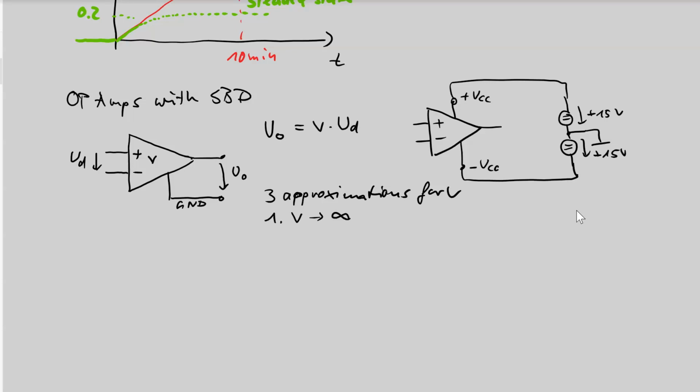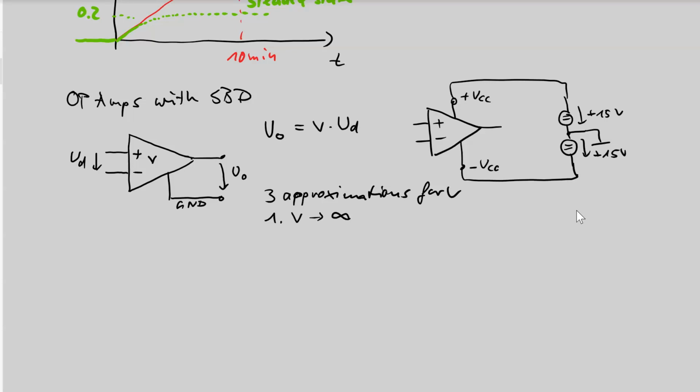The differential gain is normally very large, and we assume that this voltage gain is infinity. That means if there is an input voltage and the gain is infinity, output is also infinity.